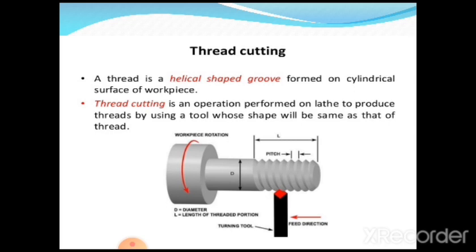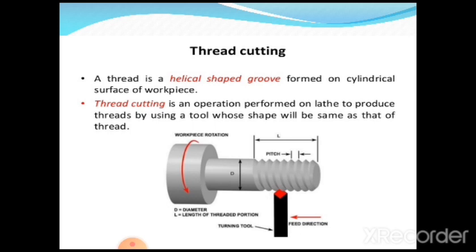Now, generally we have three important types or forms of threads. One is called the V thread, another the square thread, and the third the Acme thread. Let us have a brief discussion. V threads means the angle of the thread is a V shape.